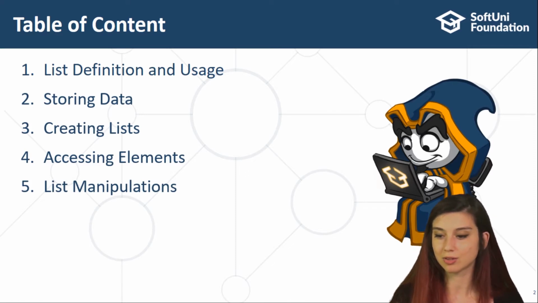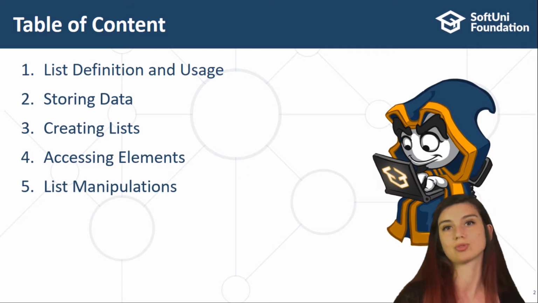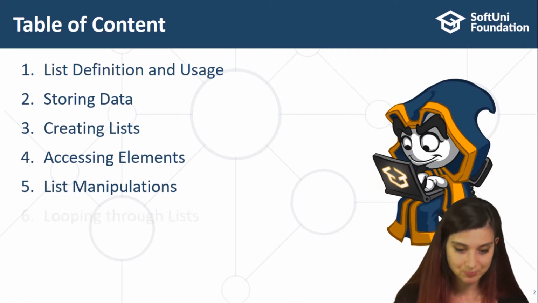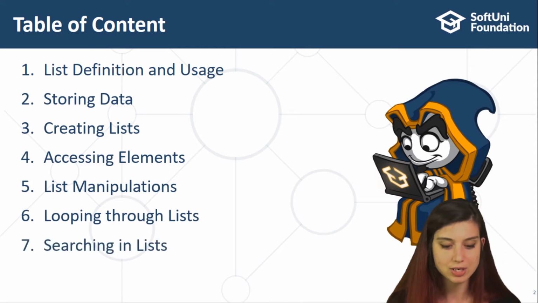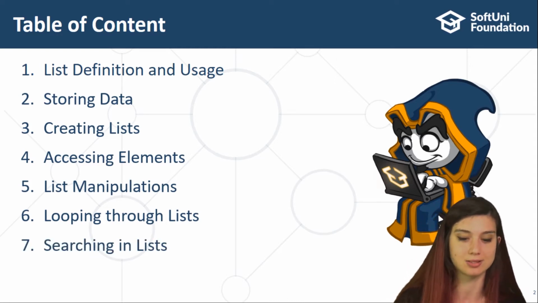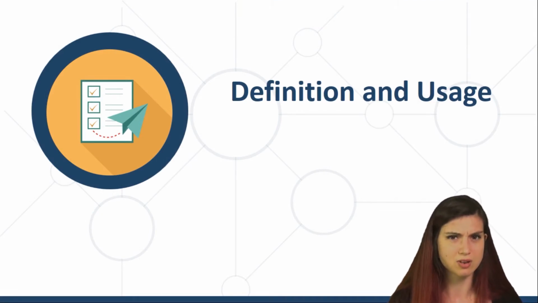You cannot get out of the box. You cannot get creative if you don't know about lists. So here we have looping through lists. We're going to see how we can do that, and searching in lists.